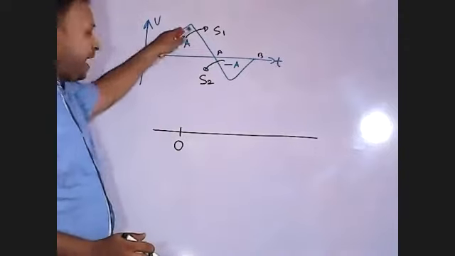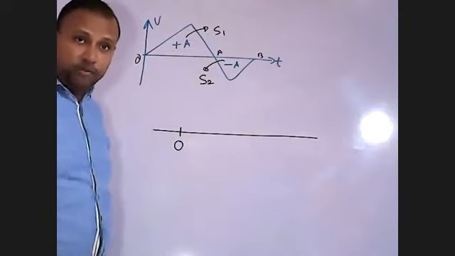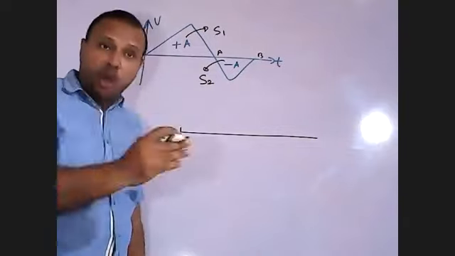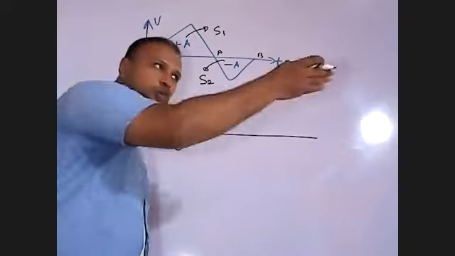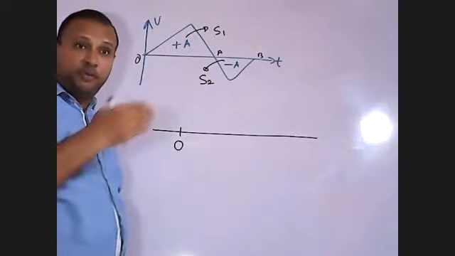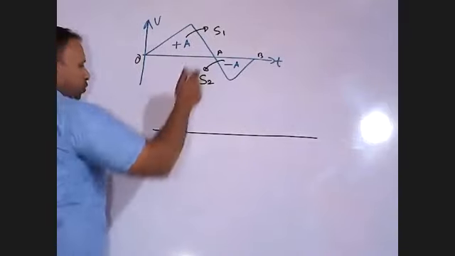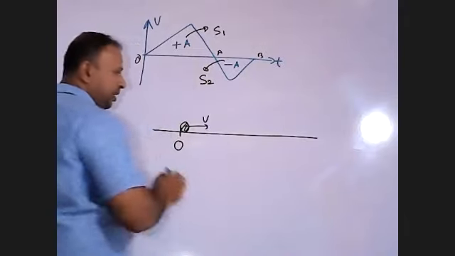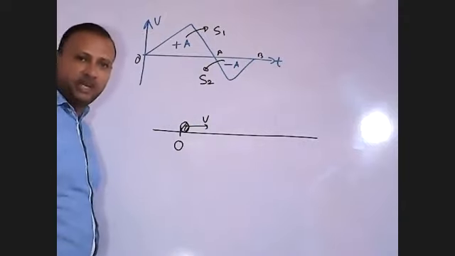From O to A, the velocity is positive. The velocity is positive, that means this object displaced into the positive direction. So from O to A, this object has displaced into the positive direction.